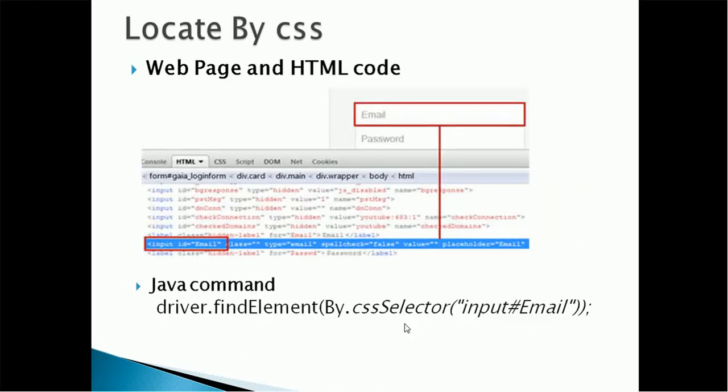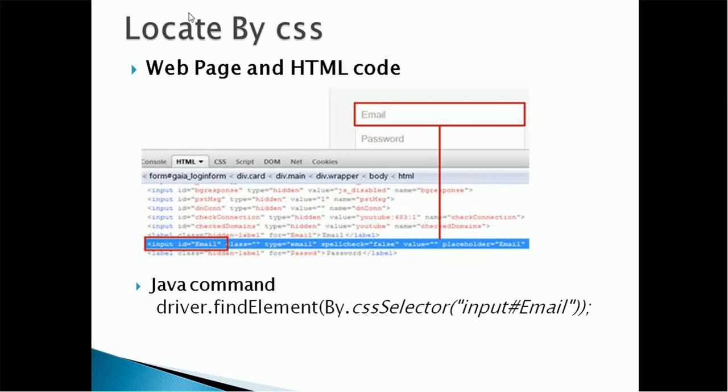And the next one is locate by CSS. CSS is nothing but a cascading style sheet. This is used by developers to add style and better enhancement to the website. If you want to change the color of a button, or perform some animation on a button or any other control, they could use CSS, and Selenium has provided an option to use CSS as one of the locating elements.